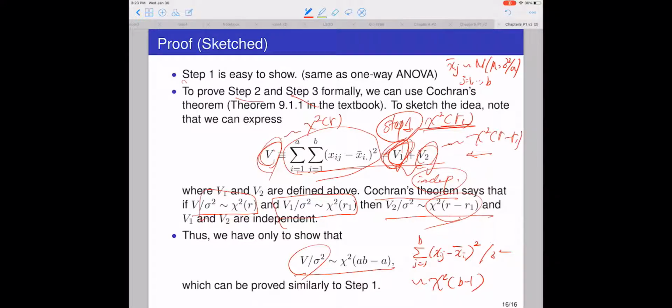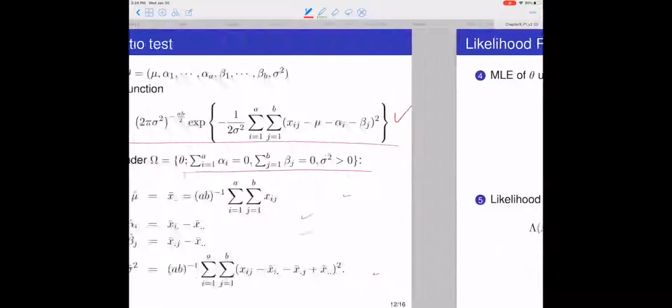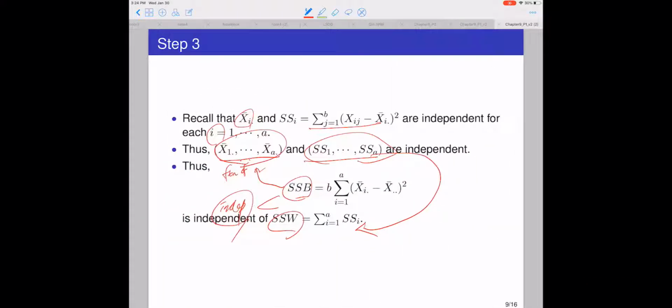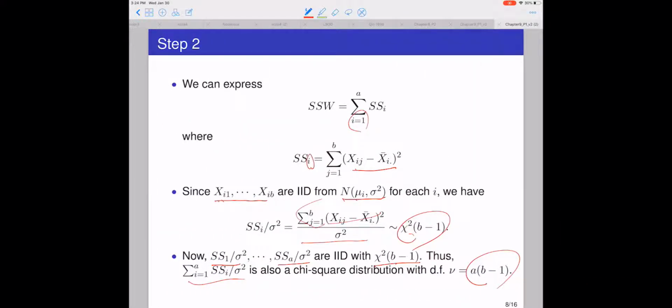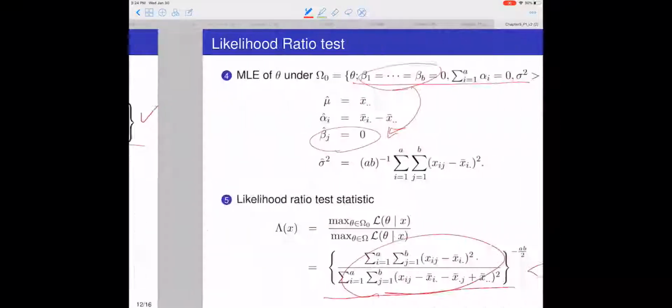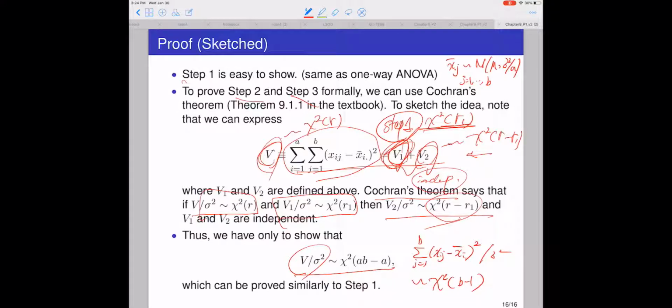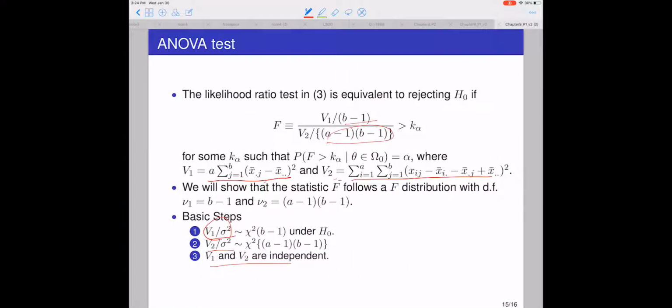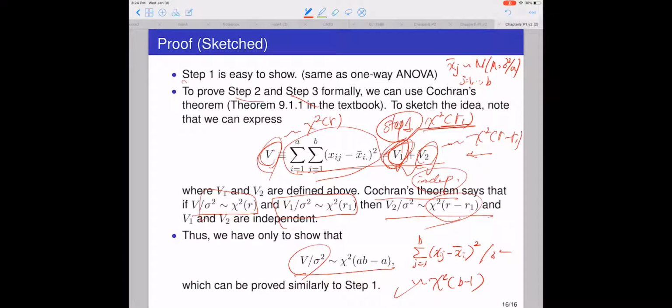Using this, it's basically the same thing we proved before, a similar idea to step 2 here. So that gives the proof. This is the basic outline of the proof, but the details are more complicated. That's all for the ANOVA. Thank you.